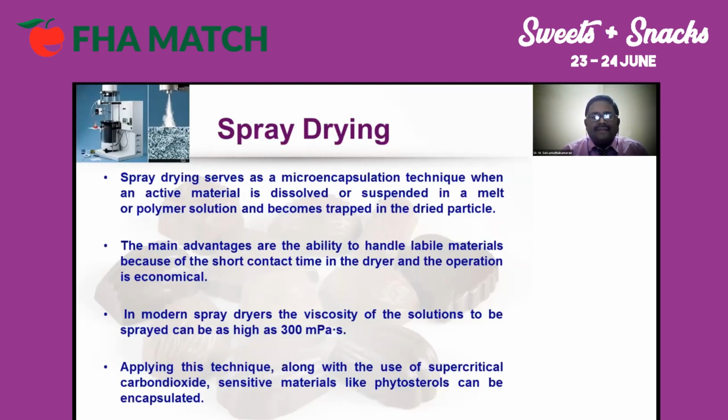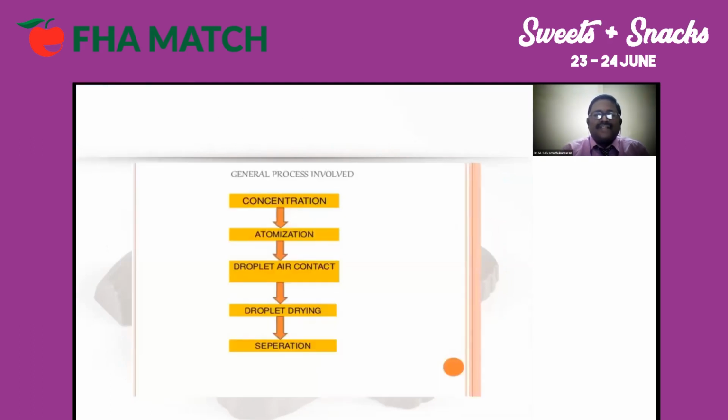Now I will tell what the various spray drying conditions are that we are going to use. These are the general processes involved, starting with concentration. We are going to concentrate using evaporators. The supercritical CO2 extracted phytosterol extract will be mixed with sodium alginate to make a slurry, which we are going to concentrate in an evaporator to increase the total soluble solids.